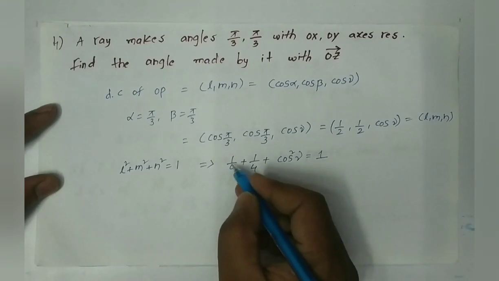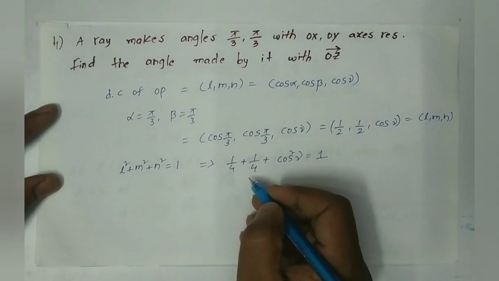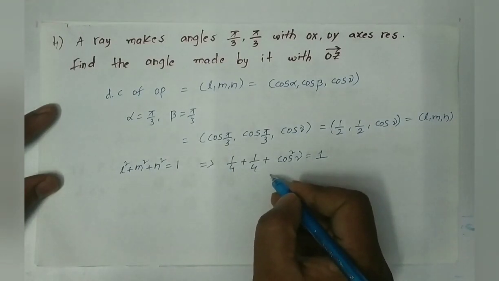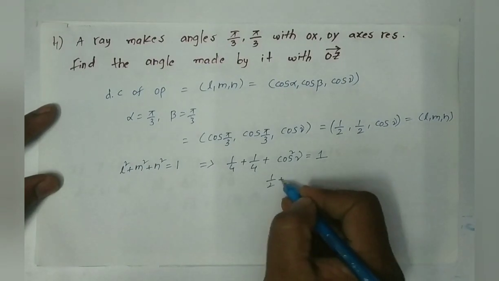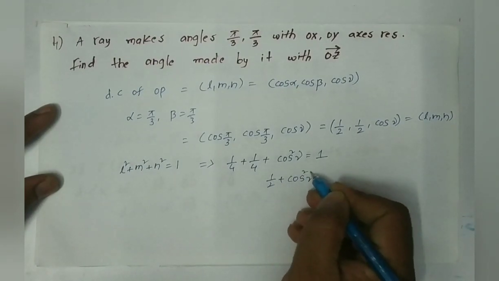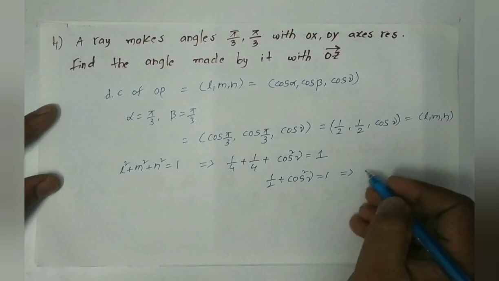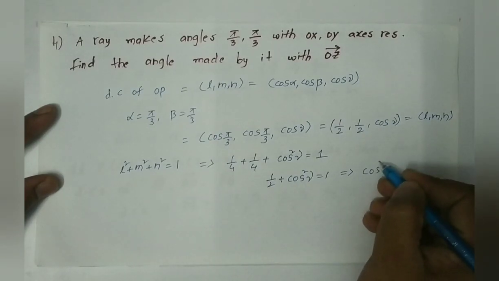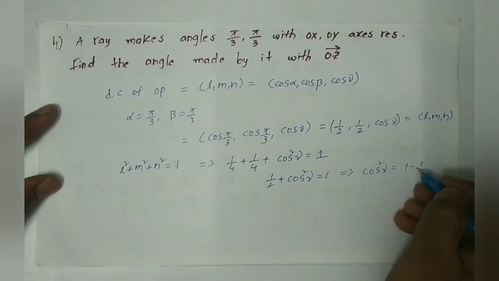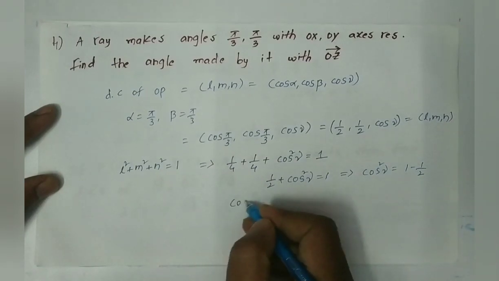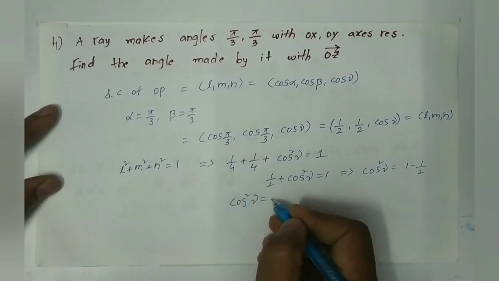Therefore 1 by 4 plus 1 by 4 is 2 by 4, which is 1 by 2. So 1 by 2 plus cos square gamma is equal to 1. From this we can write cos square gamma as 1 minus 1 by 2, which is 1 by 2.